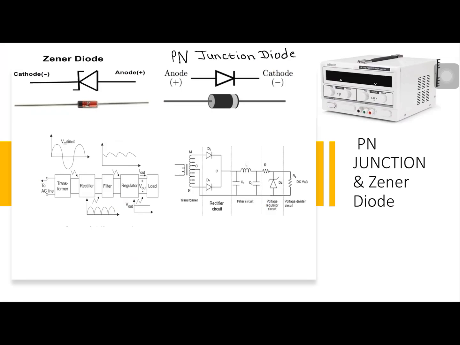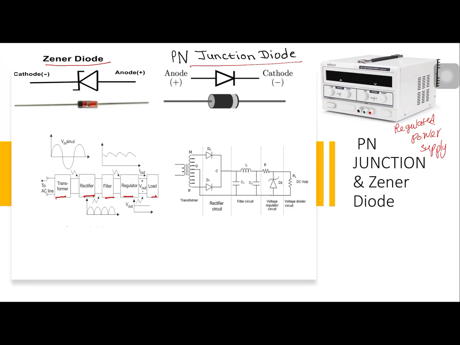The first pair that we are discussing is PN junction diode and Zener diode. Both these diodes are used in the design of a device called a regulated power supply. In the block diagram of a regulated power supply, you can see transformer, rectifier, filter, regulator and load.